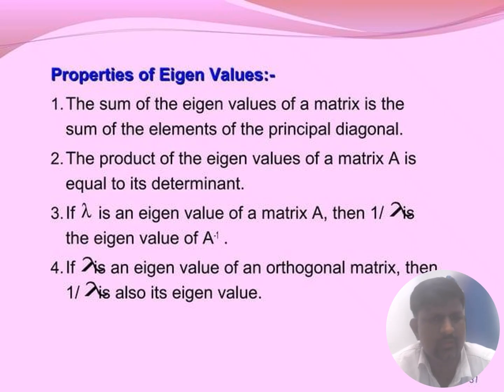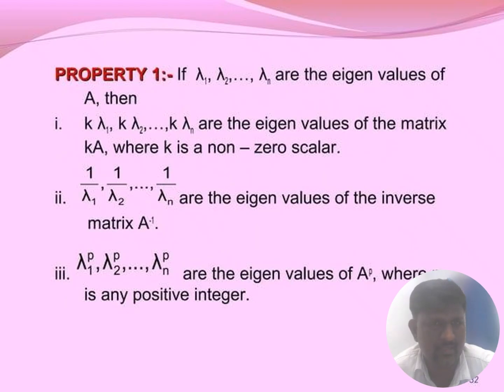Property number 2: the product of the eigenvalues of a matrix is equal to its determinant value. Property number 3: if lambda is an eigenvalue of a matrix A, then 1 by lambda is the eigenvalue of A inverse.